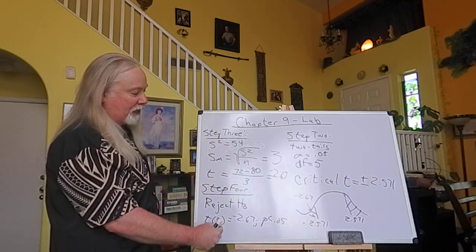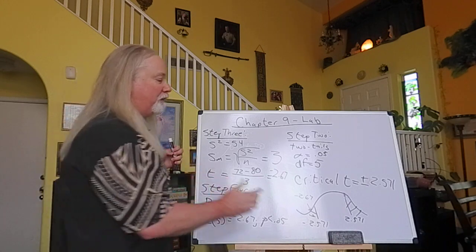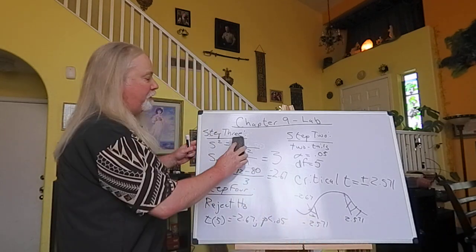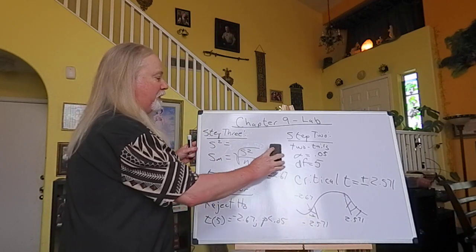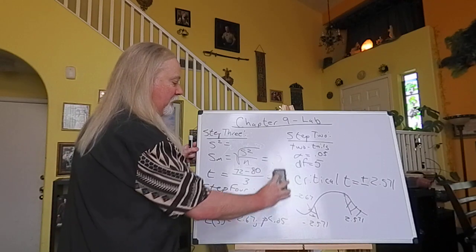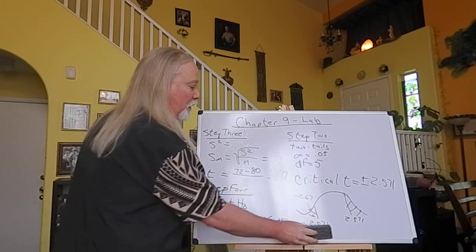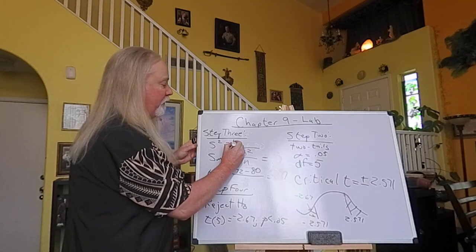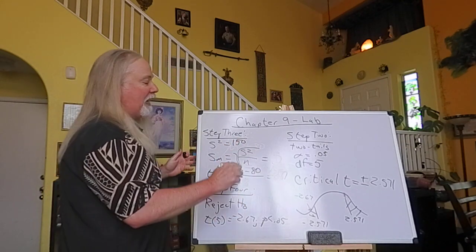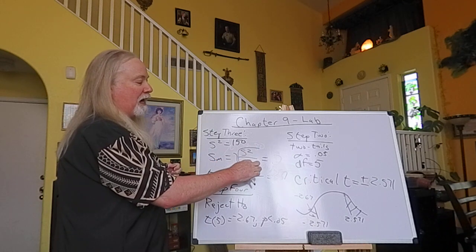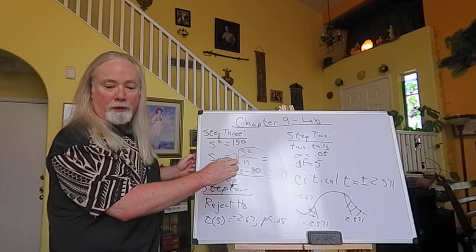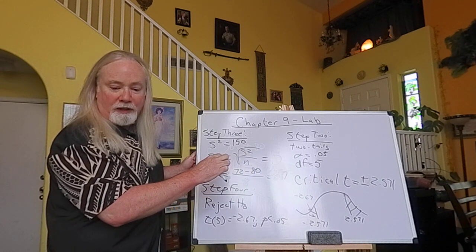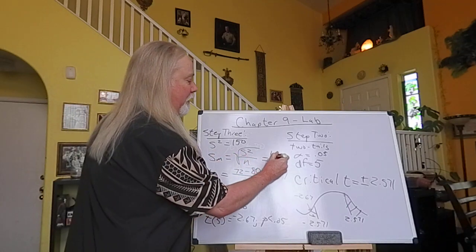The part that's going to change for sure is here in step 3. So now, again, our sample variance has changed from 54 points given to us as 150 points. So now 150 divided by 6 and then square root. And we are going to get 5 points of error now.